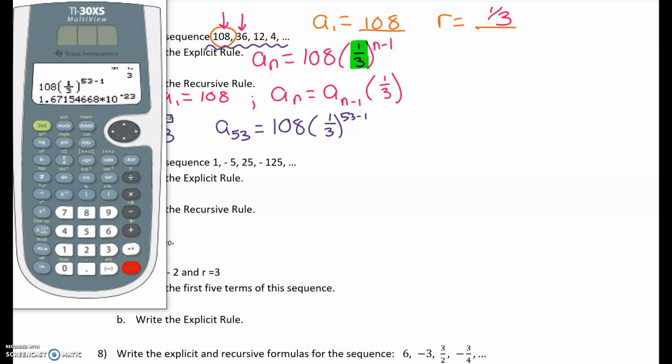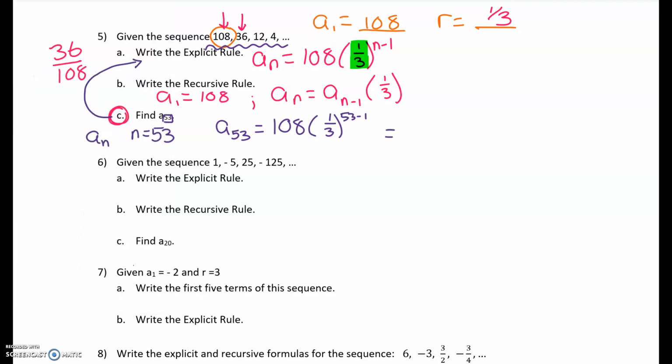Now this is a very, very small number. So for this purposes, let's just leave it as what we have here. 1.6715 times 10 to the negative 23rd. It's a very, very small number.